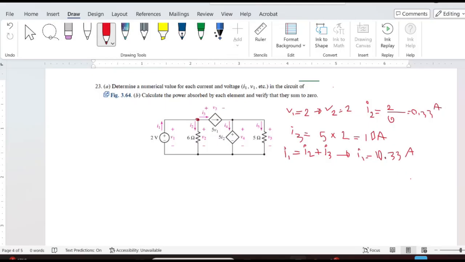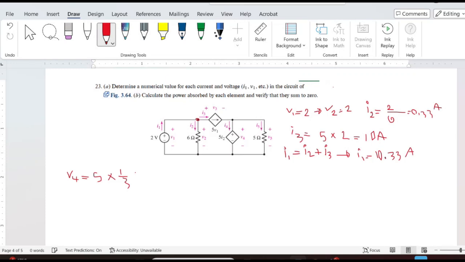All right, so now the next thing that we can calculate is the value of V4. And V4 is the voltage of the dependent voltage source, right? And its value is 5 times I2. So V4 equals 5 multiplied by the value of I2, which is 1/3.